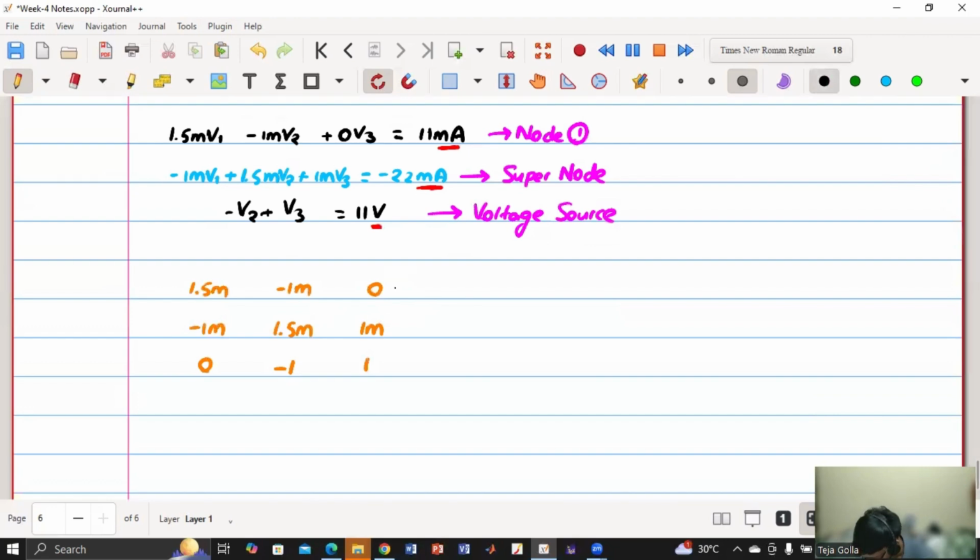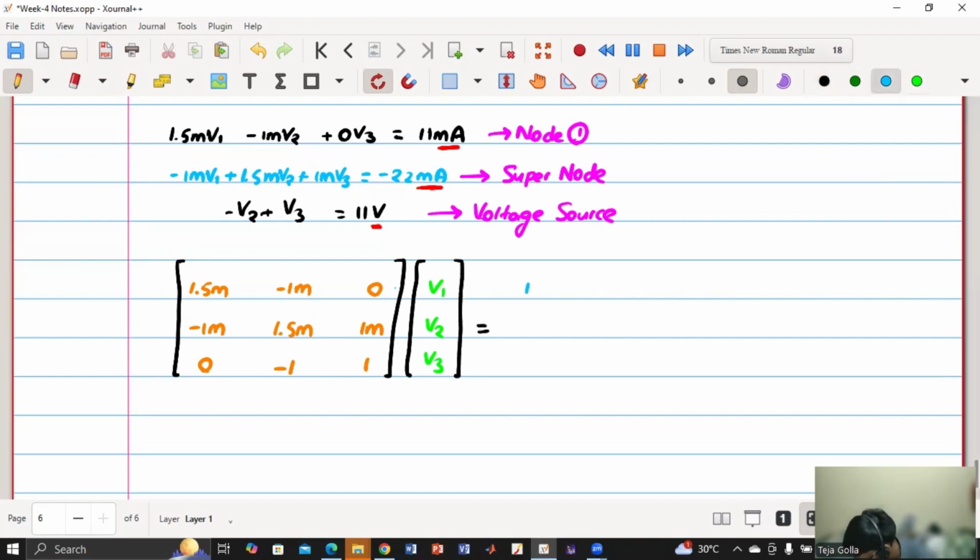If you see, the first two rows have milli in the expression, whereas the third row doesn't have. Similarly, on the RHS, the first one is 11 milliampere, the second one is minus 22 milliampere, the third one is 11 volt. So you have to be very careful.